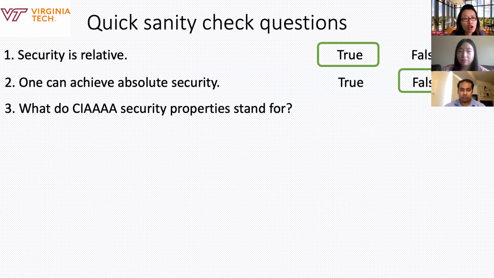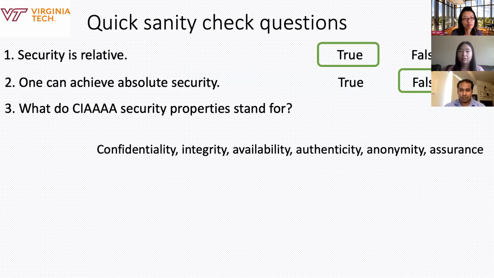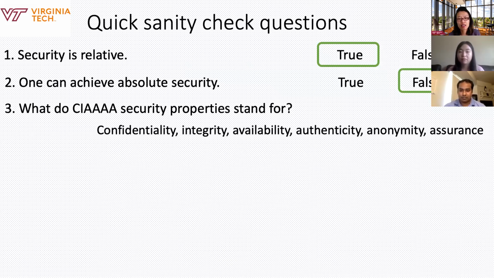CIA, AAA, are those acronyms. What kind of security properties do these stand for? CIA, you should know that. Confidentiality, integrity, availability, authenticity, anonymity, assurance.